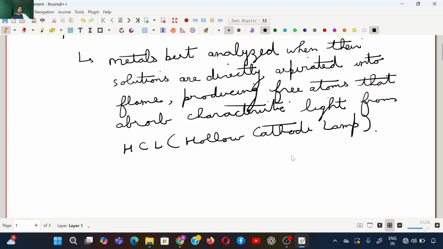So metals are best analyzed when the solutions are directly aspirated into a flame, producing free atoms that absorb characteristic light from a hollow cathode lamp. And what does aspirate mean in this context?